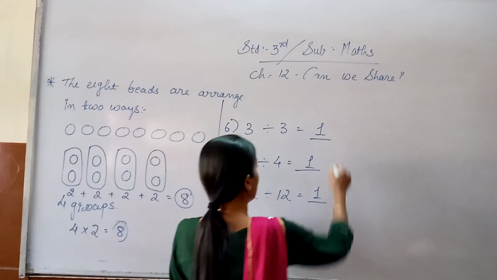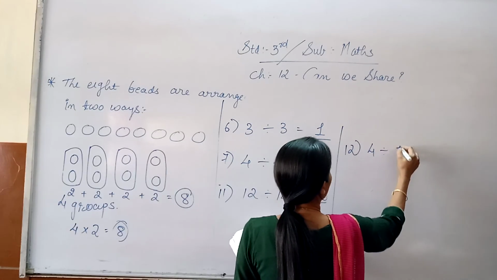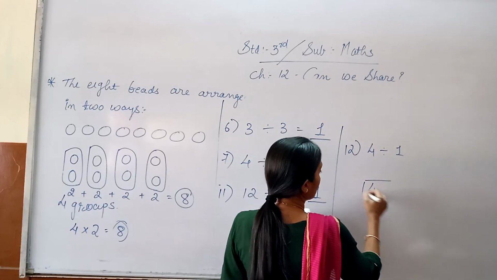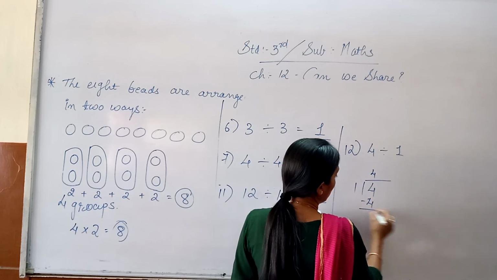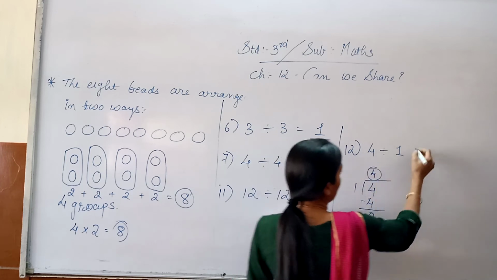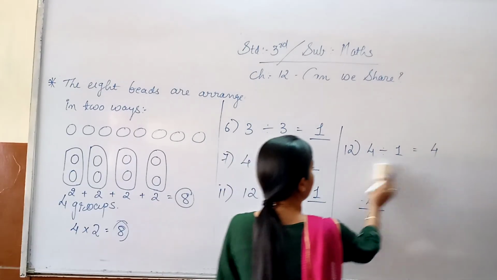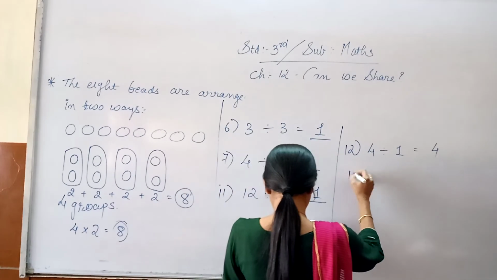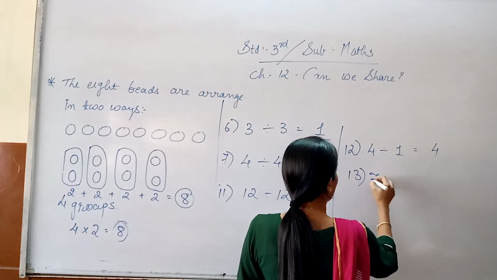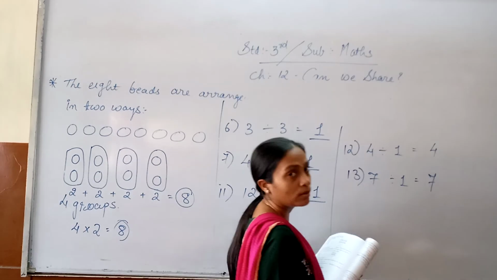Next is the 12th one. 4 divided by 1. What to do? Divide 4 by 1. So 1 4s are 4. So the answer is 4. 14th is 7 divided by 1. So the answer will be 7.